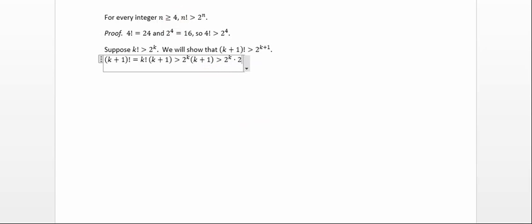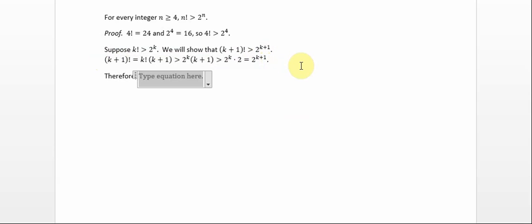So I have some flexibility here because it's an inequality. I don't have to make everything be equals like I did in the previous example. This one I just need to have a string of equals or greater thans, and I'm fine. Yeah, so that equals 2 to the k plus 1, and I've done it. Ignoring the middle stuff, I've proven that k plus 1 factorial is bigger than 2 to the k plus 1.